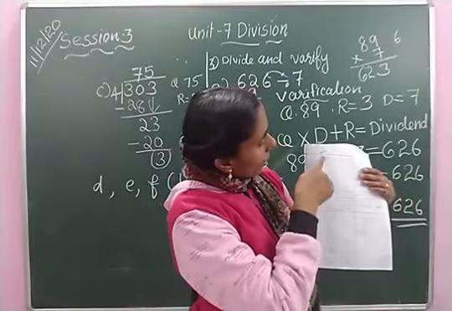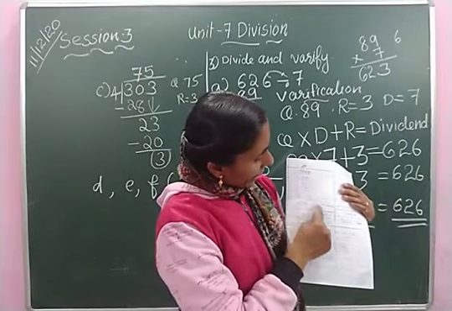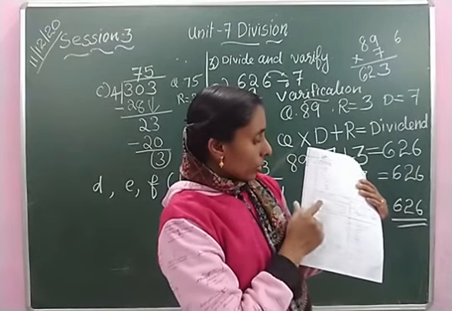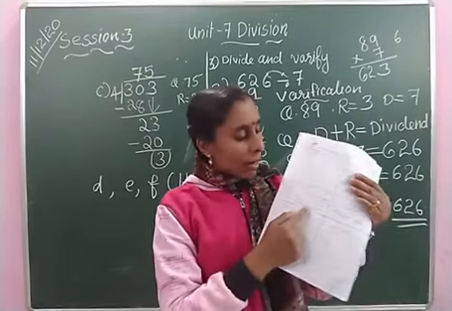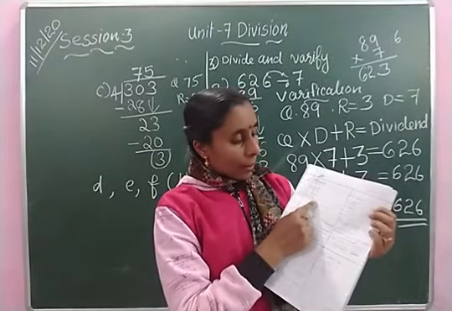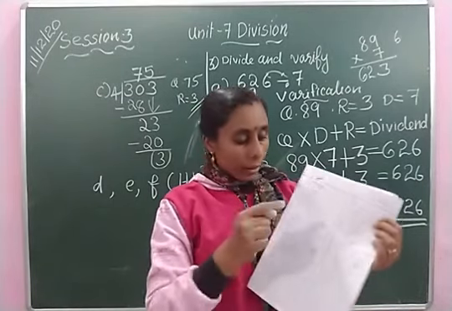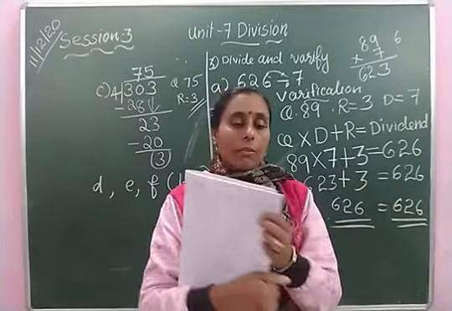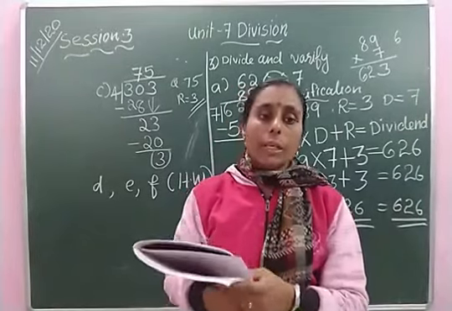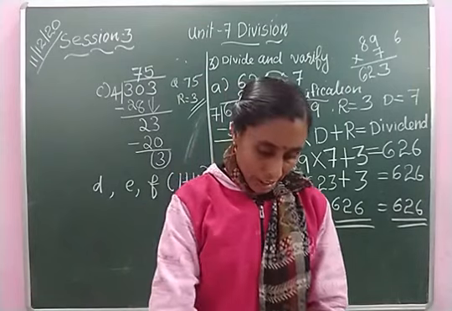Either this way, or write the question here, complete the division here and write the verification here. Make 4 columns; 4 problems are enough in a page at maximum.